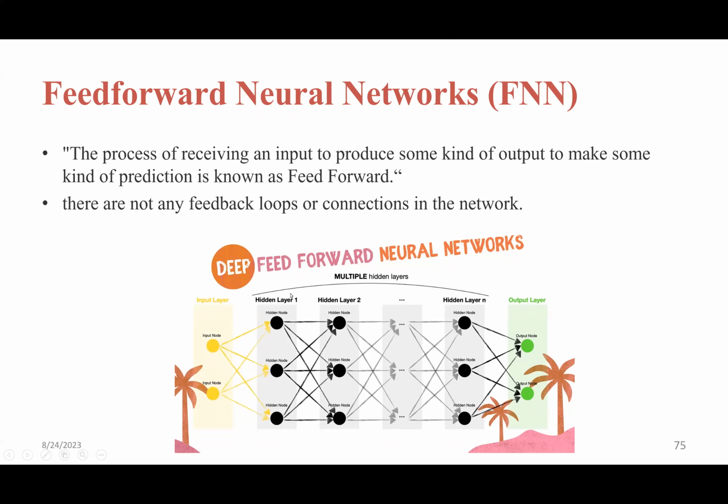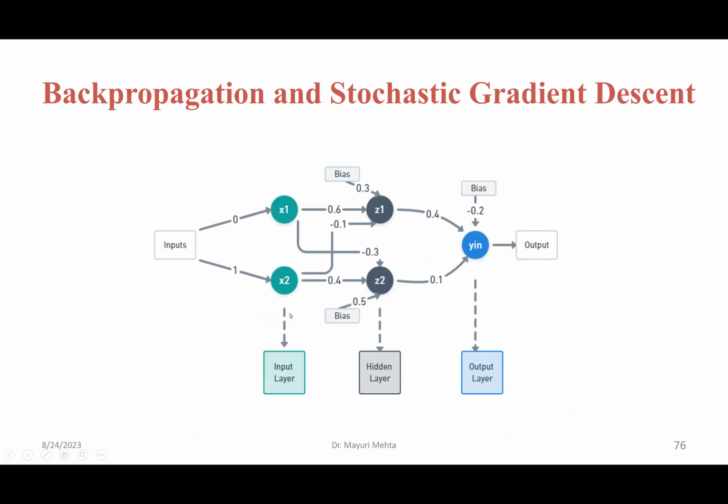Okay. And why I have used feed forward neural network here: since the inception of deep neural networks, deep feed forward neural networks are also available. So the only difference is we have more hidden layers in deep feed forward neural networks. Back propagation and stochastic gradient descent.